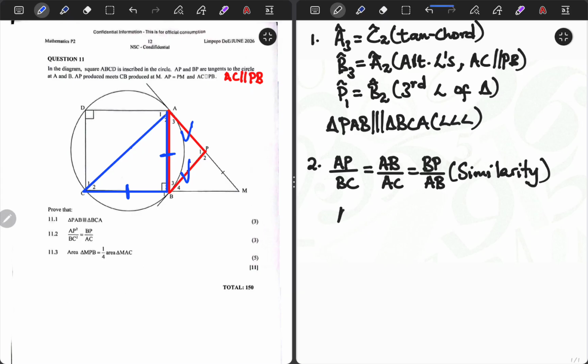So let's say AP over BC equals BP over AB.